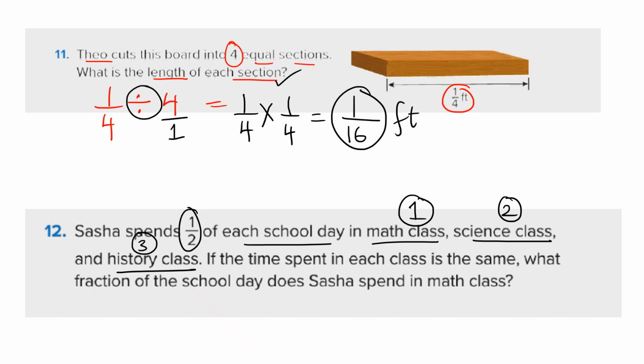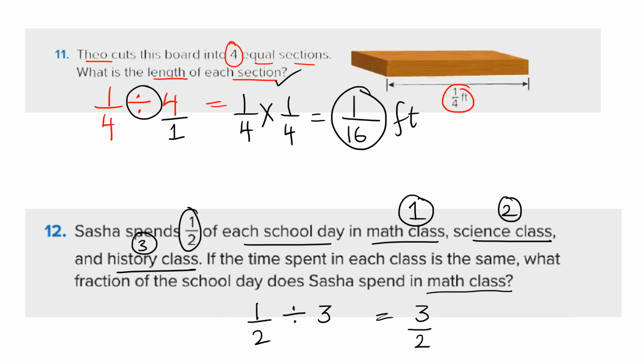What fraction of the school day does Sasha spend in math class? So in total how much does she have? 1 by 2 of the school day, half. And then she divides it into 3. 3 means math class, science class, history class. So that will give us for 1, how much? So 3 over 2.